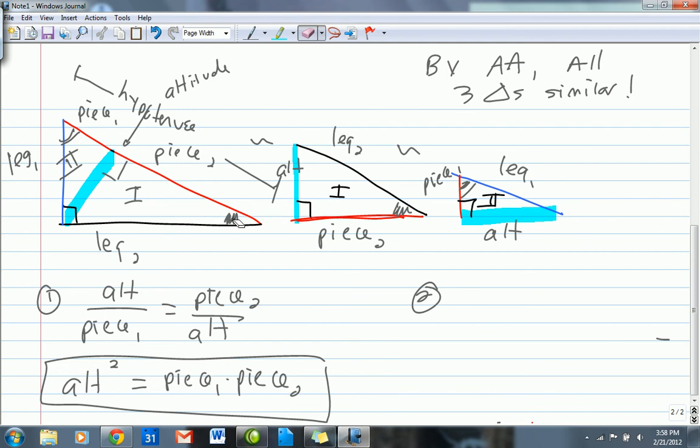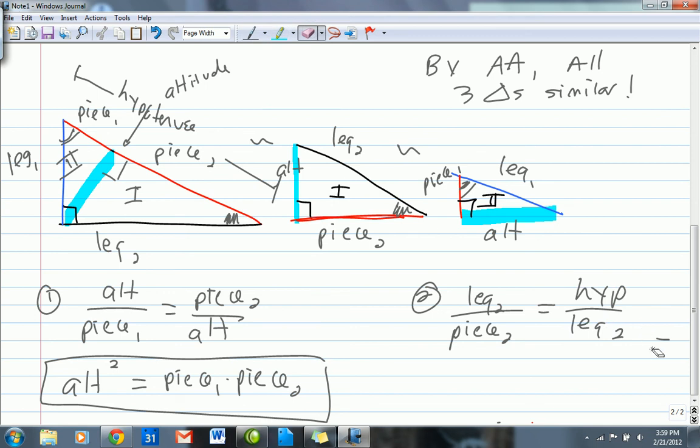Okay, so bottom to bottom equals top hypotenuse to this black hypotenuse. So if I were to write that, leg 2 to piece 2 is equal to the hypotenuse, the whole red piece, the original hypotenuse of the original right triangle, over leg 2.